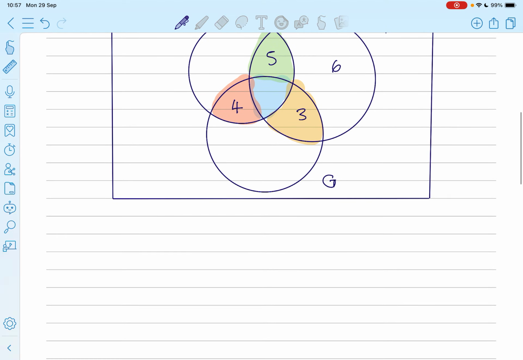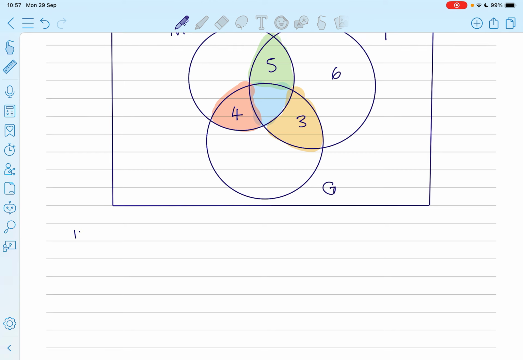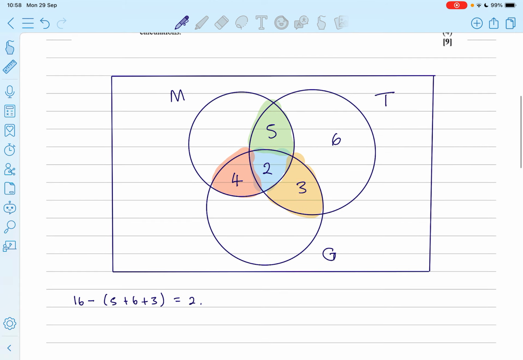So to calculate the remaining, it would be 16 minus the 5, the 6, and the 3. 5 plus 6, that's 11, plus 3, that's 14. So now we're left with 2. So it means that here there are 2 students who write all 3 subjects.